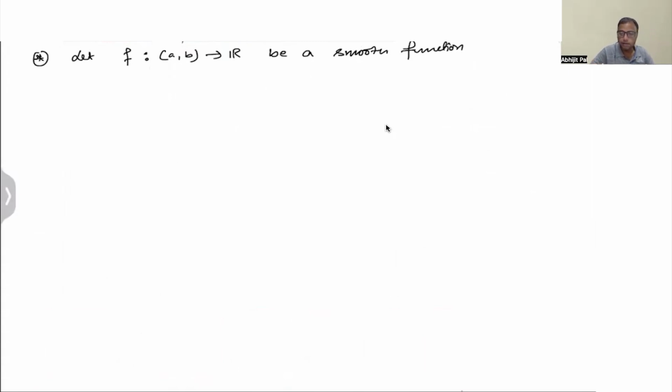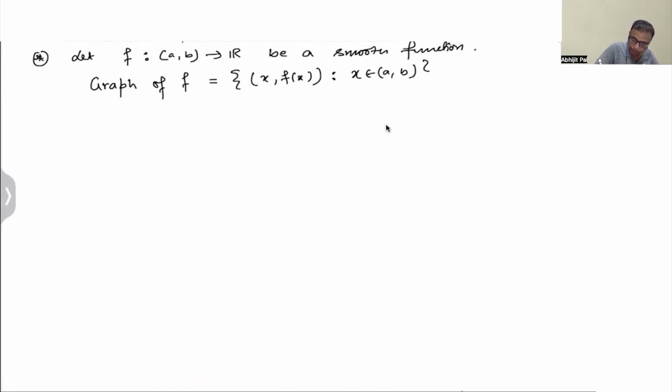It means that f is differentiable, and all the derivatives of f exist up to the desired order. So f is a real valued function. So I can take the graph of this f. The graph of f is this thing: (x, f(x)), where x belongs to the interval [a, b].